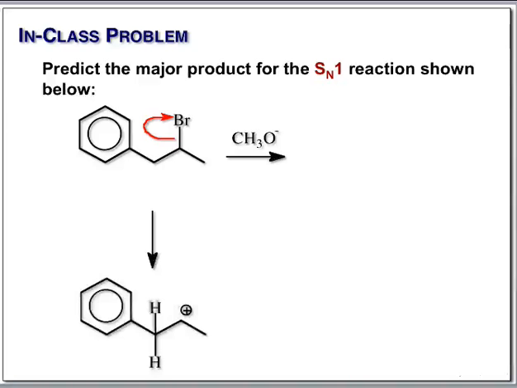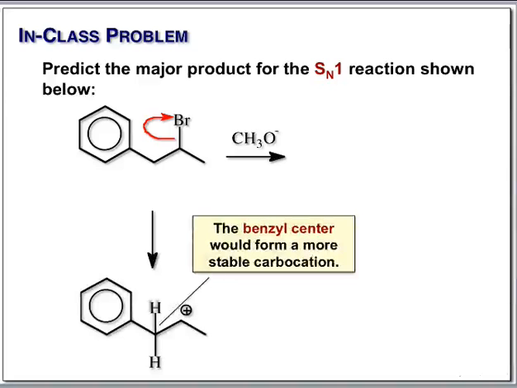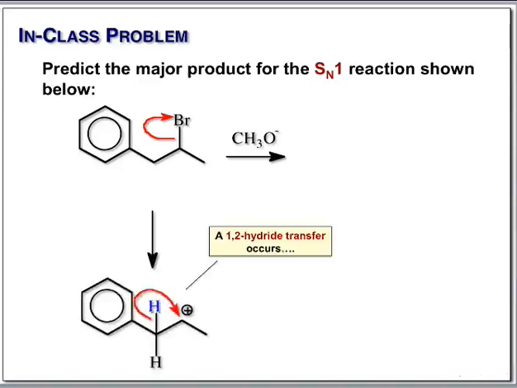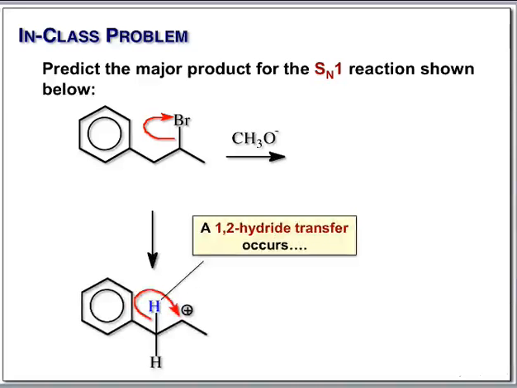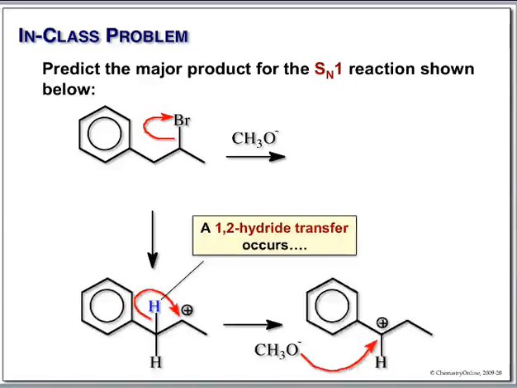Now, imagine you're this carbocation, being very anthropomorphic. You look at this and you say, I'm a secondary carbocation, but oh my goodness, that's a benzyl carbon. Therefore, this hydrogen is going to simply slide over, and we'll make our benzyl carbocation.